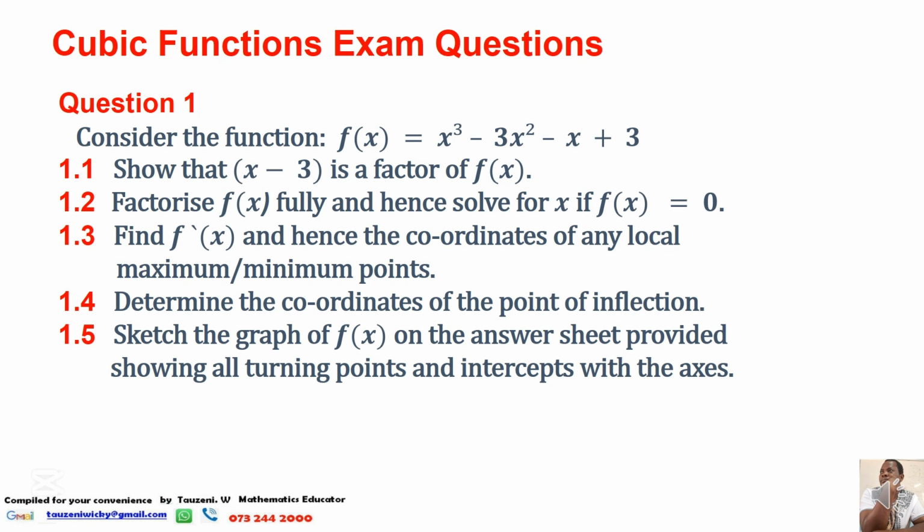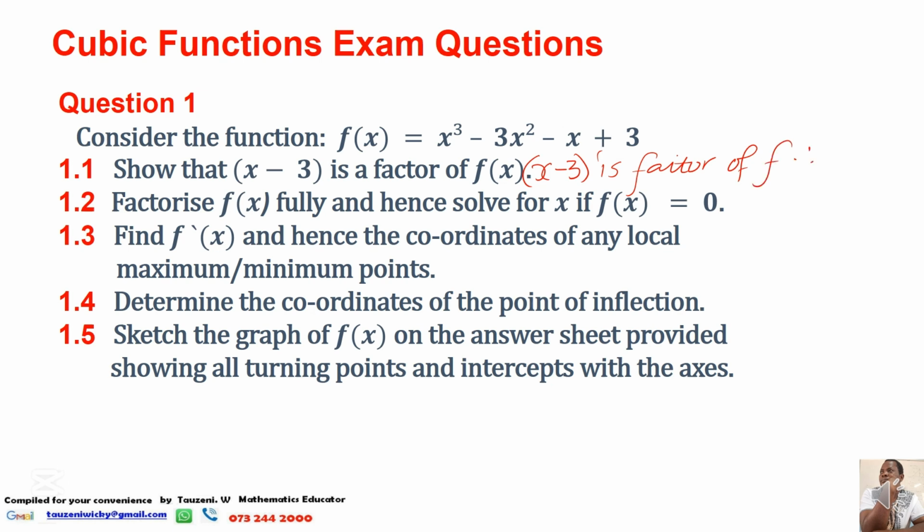Number 1.1. Show that x minus 3 is a factor of f of x. This is stated. What we need to do is to prove that x minus 3 is a factor of f.